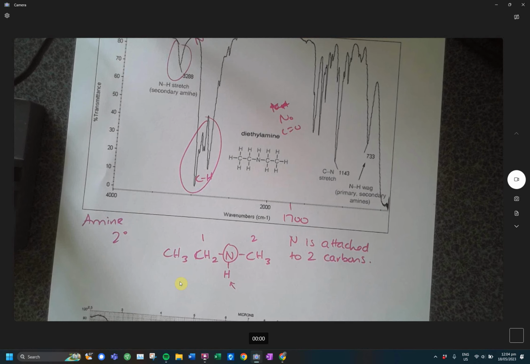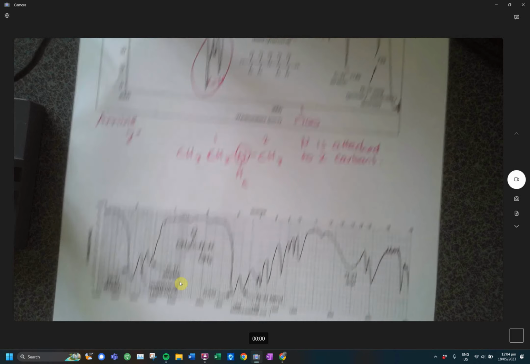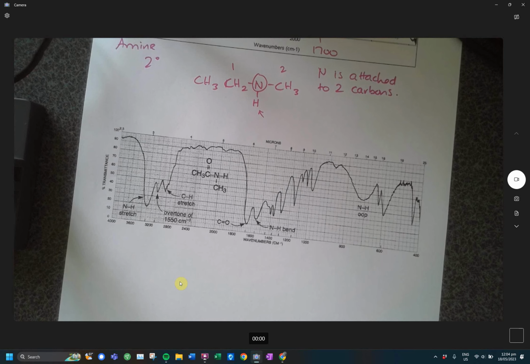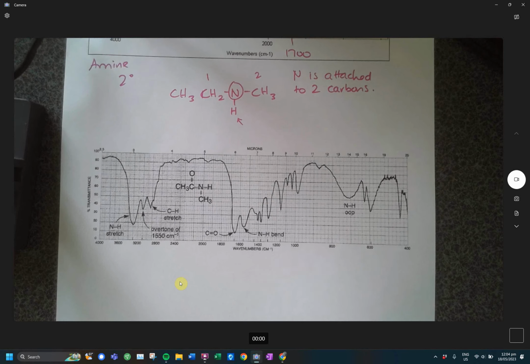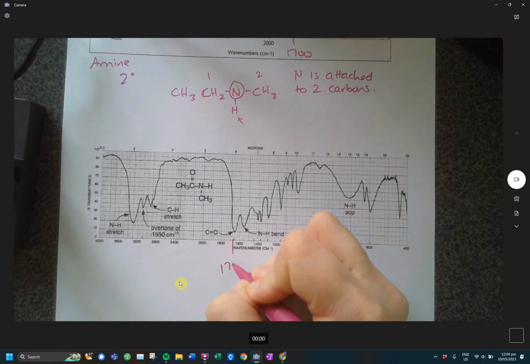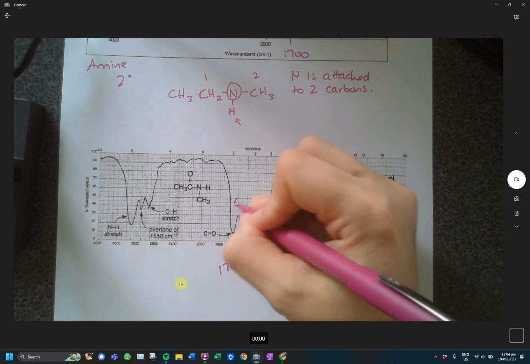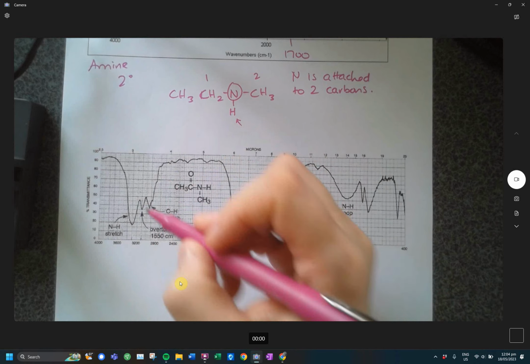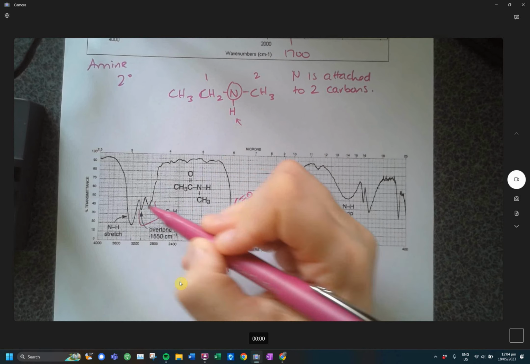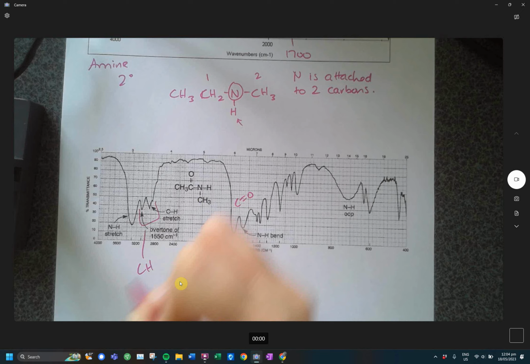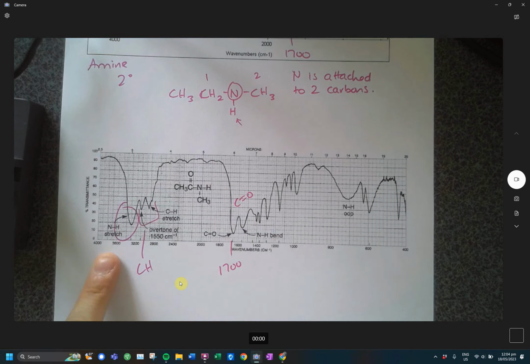So these ones can come up. And then here's my last one that I want to show you guys. This one is a real mess, but it's important for you guys to see it just in case it comes up. So again, look at 1700. Is there a trough there? Yep, so that tells me carbonyl. Find where the CH is, and then you see how there's a trough there.